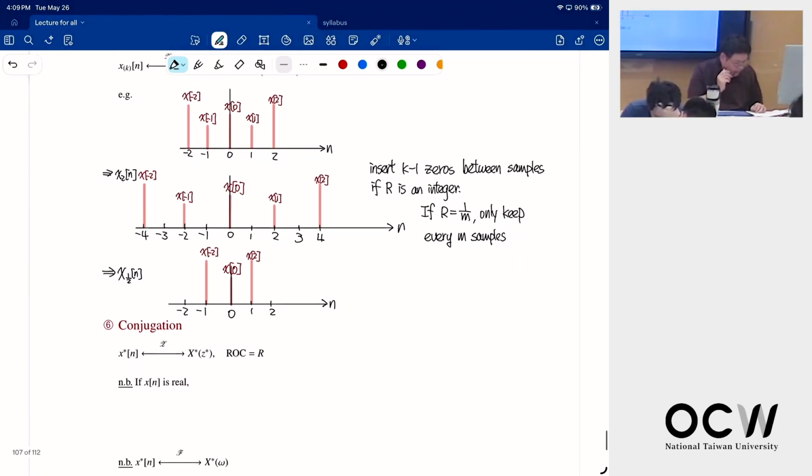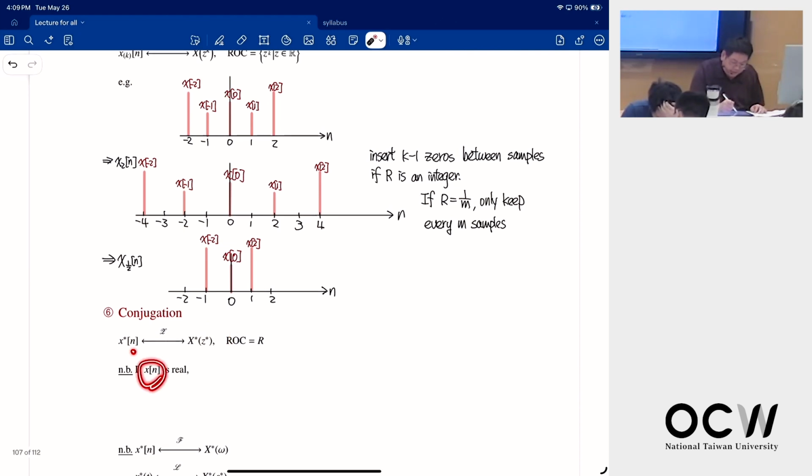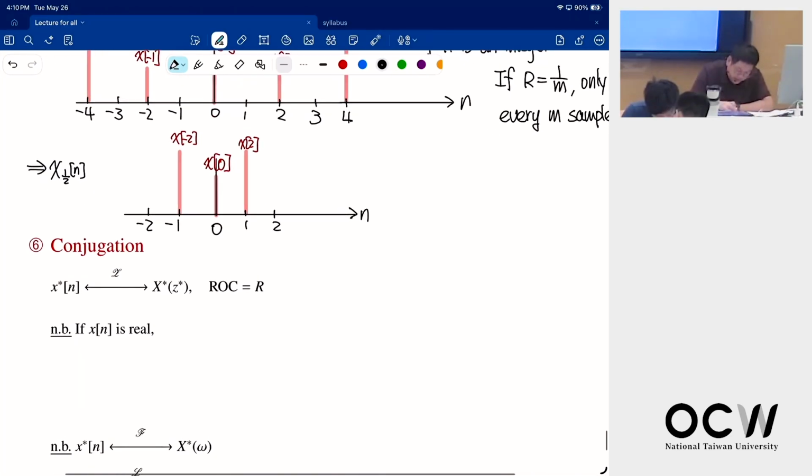Next, for the conjugation, if my signal is conjugated in time domain, then in frequency domain, I also conjugate it, and also z, I need to conjugate that. Region of convergence should be the same. But if x is real, that means if I do the conjugate, it's still the same. So the z transform is still the same.